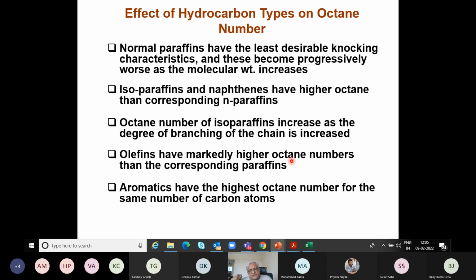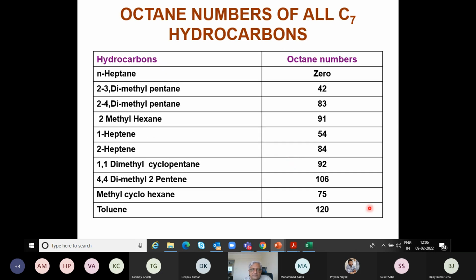And by definition, they don't have any olefins, but olefins have a high octane number. So the FCC gasoline, which typically has 33 to 35% olefins, has a high octane. And amongst all of them, aromatics have the highest octane, as I think last time I shared this table as well.